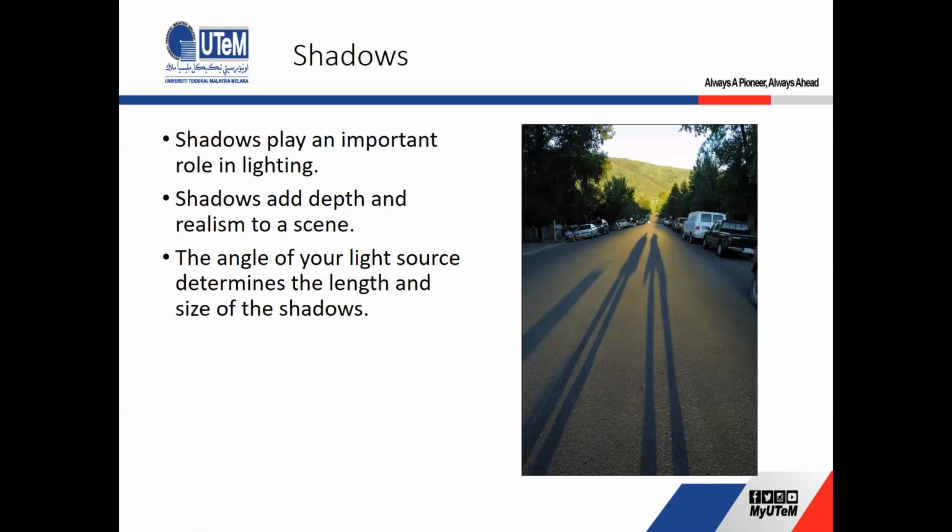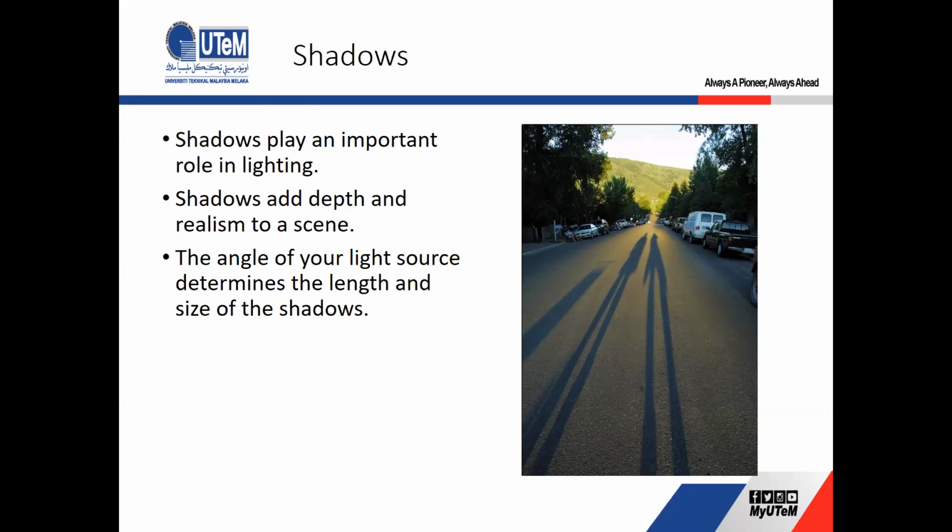Actually, for the main concept of lighting, you need to understand the key light, fill light, and backlight. Then you need to understand the angle, how to set the position of the light. Also you need to understand side light, front light, backlight, and the shadow.